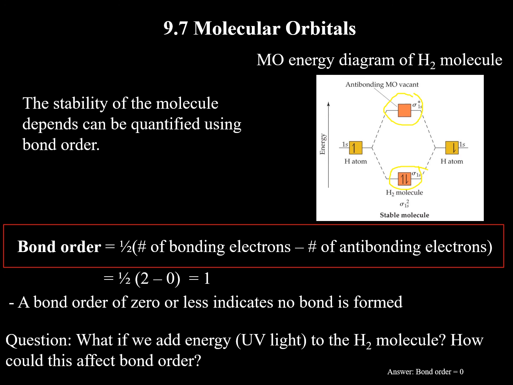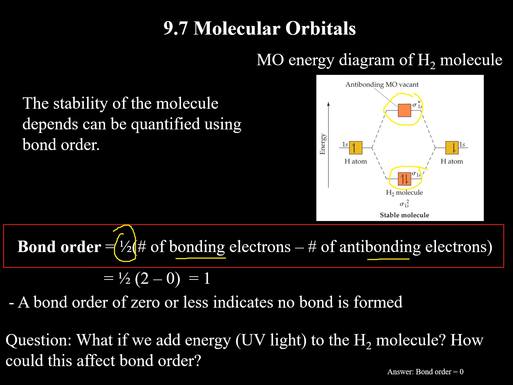We can quantify its stability numerically using bond order, and the formula we use is 0.5, 1 over 2, times the number of bonding electrons minus the number of antibonding electrons. In the most simple case of H2, it has 2 electrons, 1 from each hydrogen.